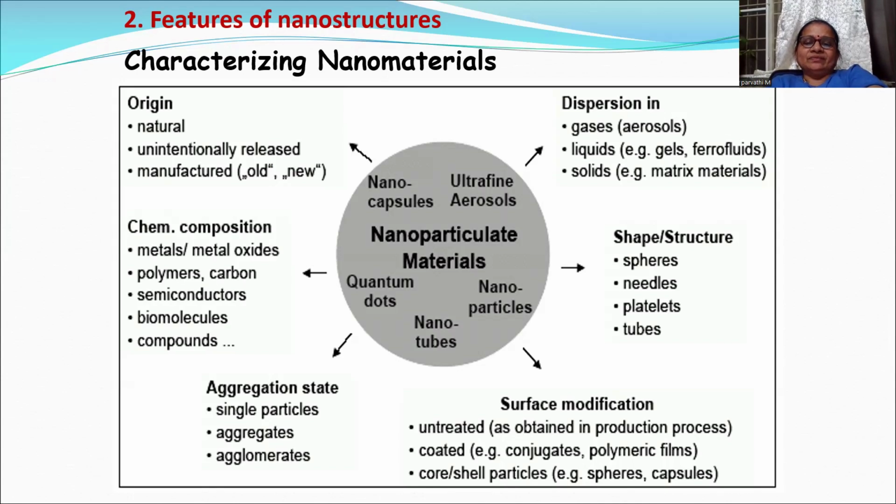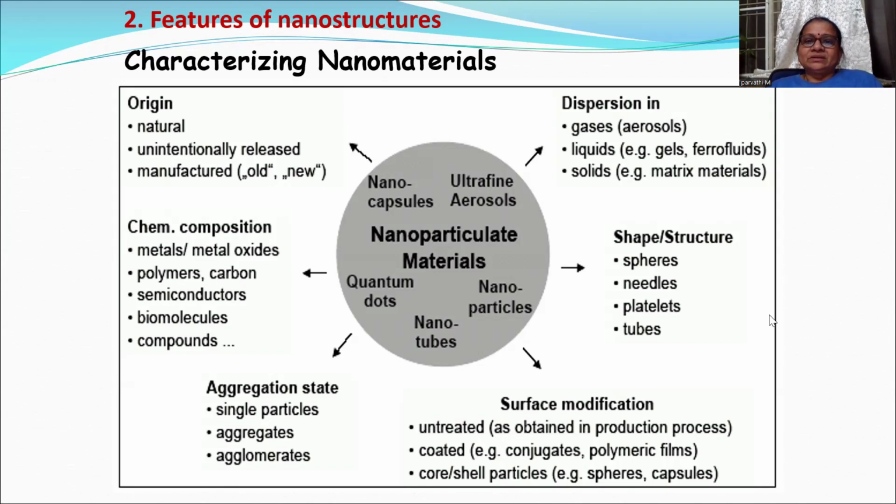And surface modifications, untreated as obtained in the production process, or coated, can be done, for example, with nanotubes. So these are parameters taken into consideration for characterization of nanomaterials.